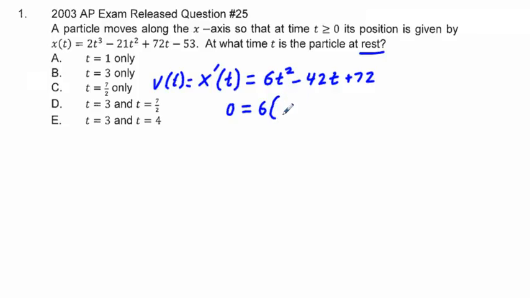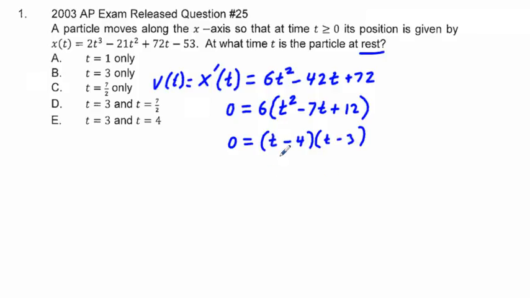So 6 times what equals 6t squared? That's going to be t squared. 6 times what equals negative 42t? That's going to be minus 7t. And 6 times what equals 72? That's going to be plus 12. 6 times 12 equals 72. So if we divide both sides of this equation by 6, we have 0 equals t squared minus 7t plus 12, which factors into quantity t minus 4 times quantity t minus 3.